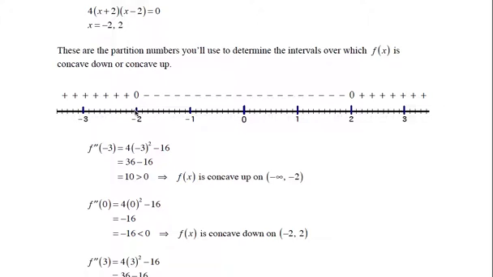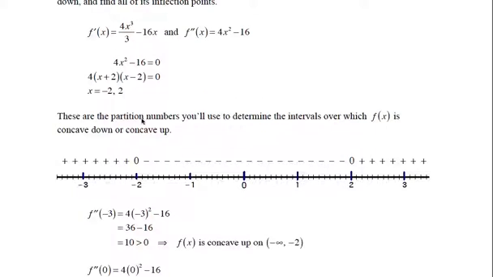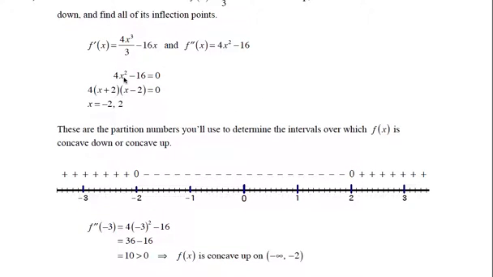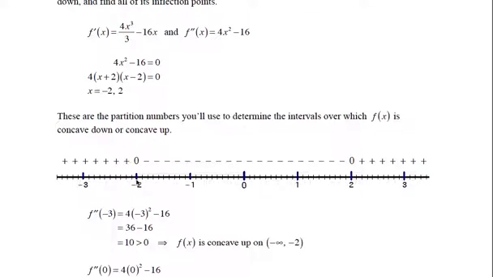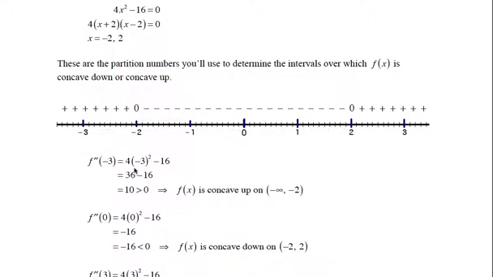The most convenient value less than -2 is going to be -3, so we evaluate the second derivative at -3. We've got an x here, so we put a set of parentheses there, and inside those parentheses we put the -3.